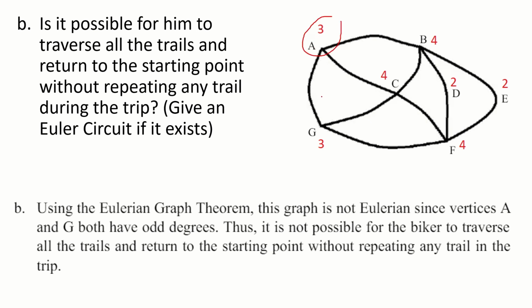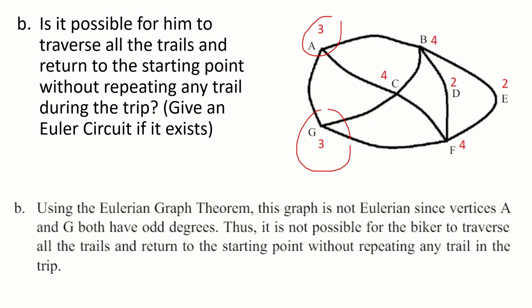Take note, we have these two. Okay, they are odd. So meaning there is no Euler circuit on this graph. So therefore, the answer for letter B is no. It is not possible for the biker to traverse all the trails and return to the starting point without repeating any trail in the trip.